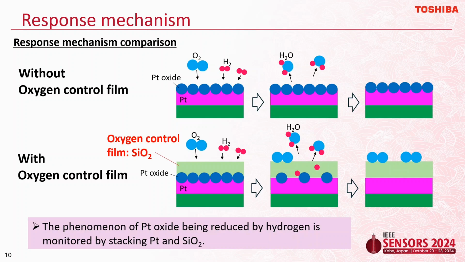Without oxygen control film, approaching hydrogen reduces PT oxide, but at the same time, oxidation of the PT in the air progresses, resulting in the oxide remaining. On the other hand, when oxygen control film is present, oxygen in the air is dissolved on the SiO2 surface.